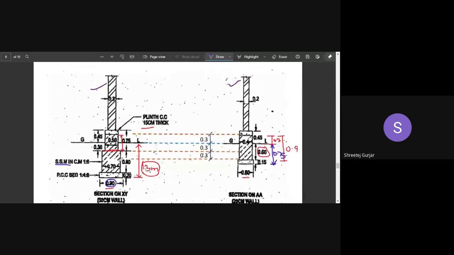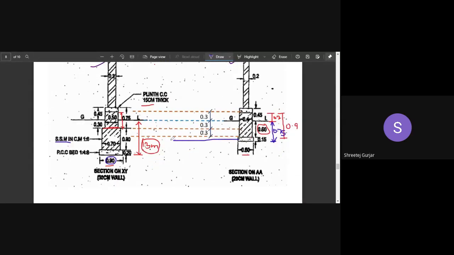The only trick, this part is tricky, is that you need to calculate the length by using the width of 0.7, which is the thickness at this PCC bed concrete level. So remember this important thing: at this level, if this thickness is greater, you have to use this thickness, that is 0.7 and not 0.6.